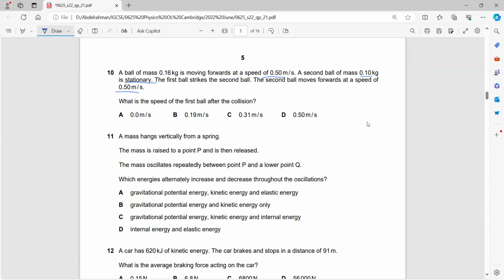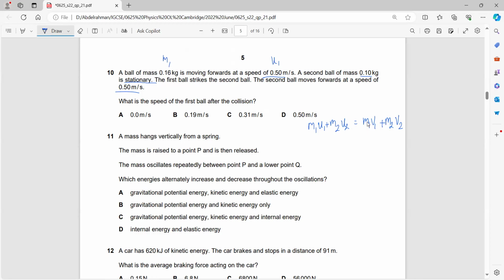What's the equation we'll be using? M1U1 plus M2U2 equals M1V1 plus M2V2. What's M1 times U1? This is M1 and this is U1.